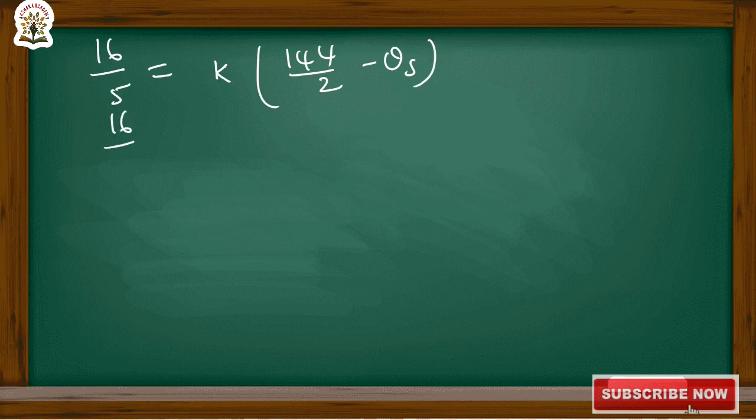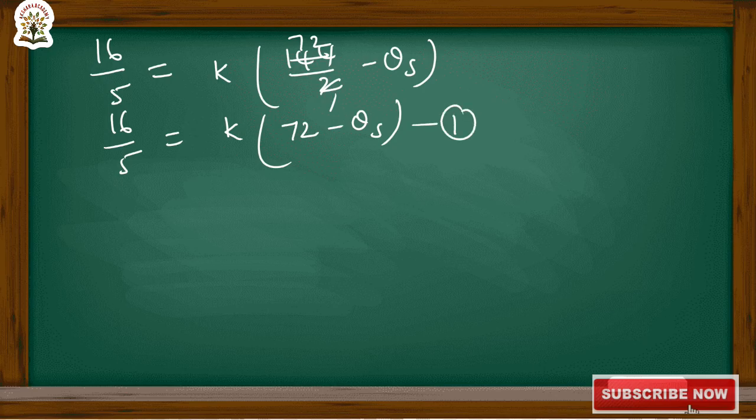Next, 16 by 5 is equal to k of 72 minus theta s; 2 sevens are 14 and 2 twos are 4. Consider this as equation number 1.